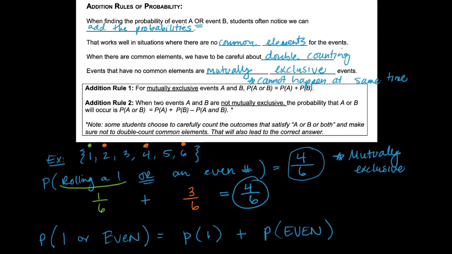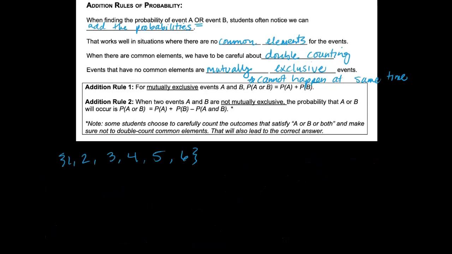So let's look at an example where we don't have mutually exclusive events and we have to be careful about that double counting. Let's consider the problem. What is the probability of rolling a number less than 4 or an even number? Okay, so the first thing to ask yourself is, is it possible to have a number that's less than 4 and even at the same time?